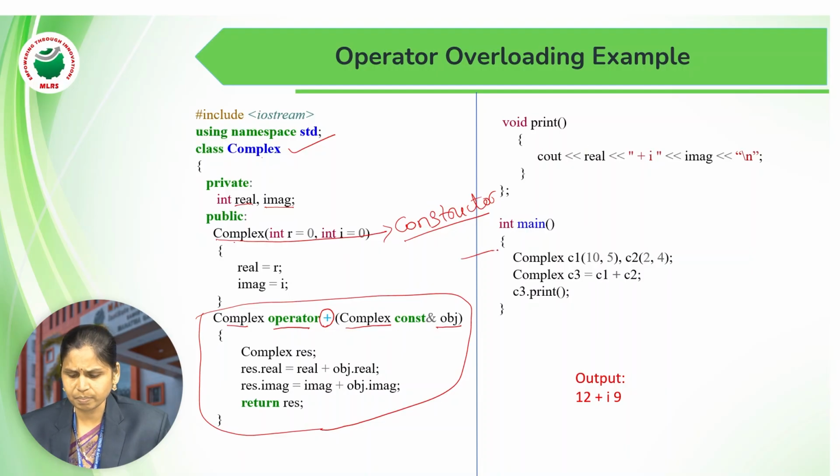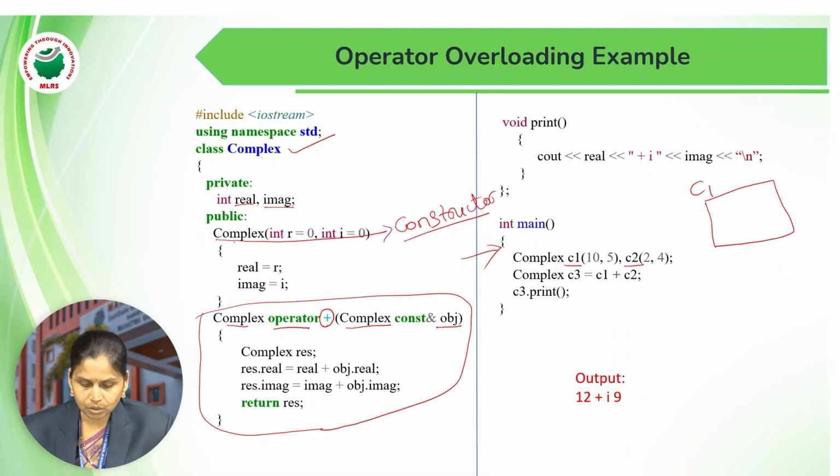Now, program execution actually begins from the main function. Here I first created two objects, C1 and C2. Whenever we create an object, it automatically goes to the constructor. When I create the object C1 using two parameters, the real value is 10 and the imaginary value is 5.